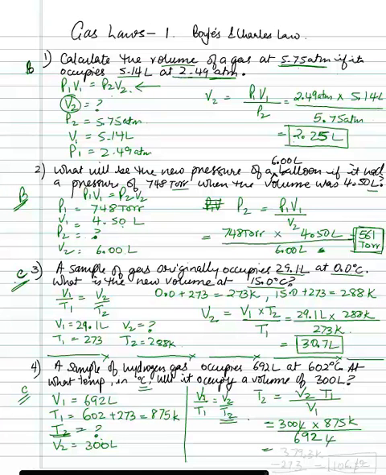The liters cancel out, and our final answer for this one is 379.3 Kelvin. But we need to give our answers in Celsius, so we subtract 273 from this, and that gives our answer as 106.3 degrees Celsius, which we can round to 106 because we need the answer in 3 significant figures.